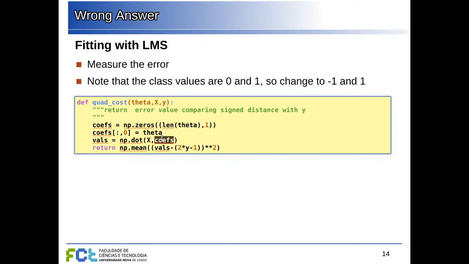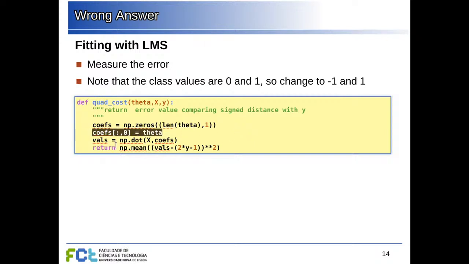It cannot be just an array, it has to have a column. So this is one way of doing it. You create a matrix that has one column, and then you copy the values into that column. Another way of doing this would be to use reshape, which is a method that you have in NumPy arrays. Later on I will show some examples in other lectures.